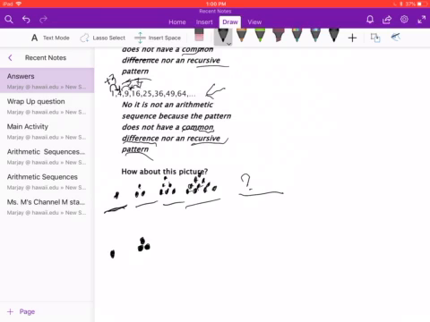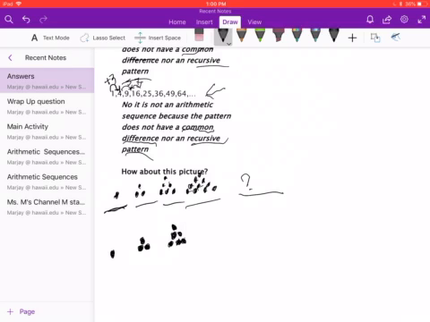Okay, so to get the third term, let me just draw what we have from the previous picture. To get the third picture, they added 1 to the bottom, 1 to the top, and make sure you have just one dot on top of every layer. So you guys can see the pattern.